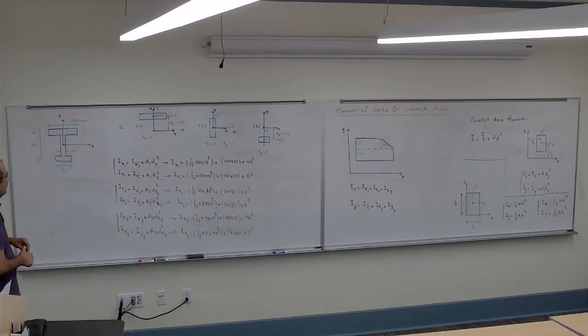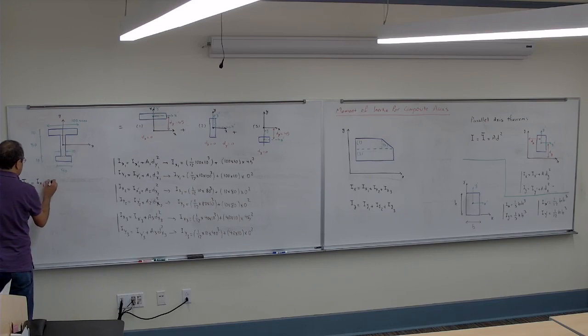And then when I have them, the I about x is Ix1 plus Ix2 plus Ix3, and I about the y is Iy1 plus Iy2 plus Iy3.